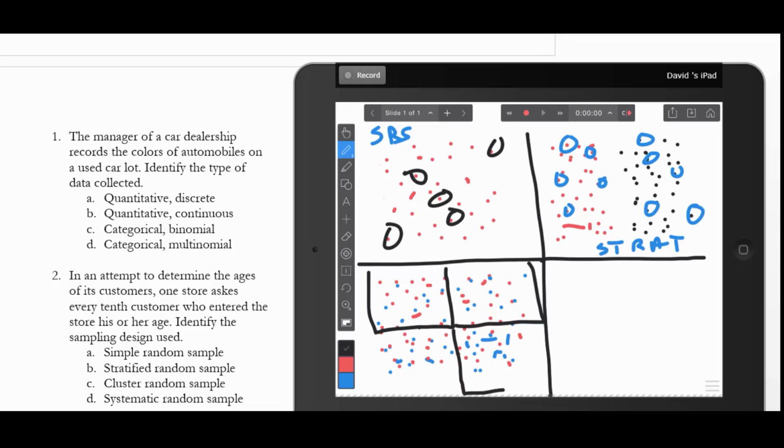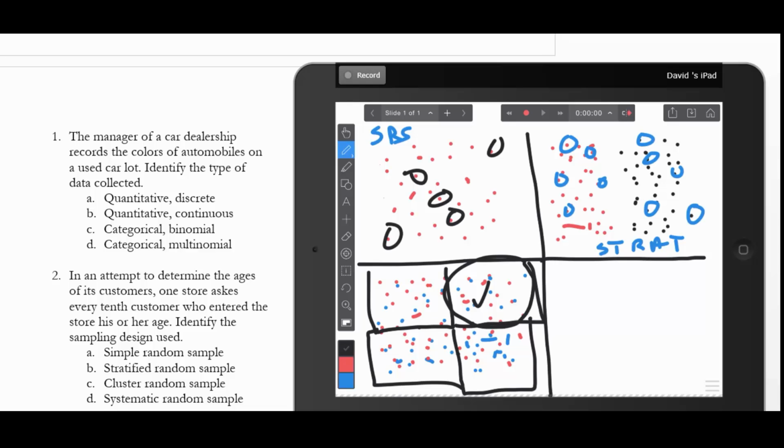And we're thinking that each one of the clusters has similar characteristics, and then just choose one cluster. Maybe we get this one and just sample everybody in that cluster. That could be like everybody on a city block, could be everybody in one particular elementary school, could be everybody in one particular classroom. Of course, if we had done this with more clusters, maybe we have 100 clusters, we might randomly select 5 of those clusters and everybody within them.